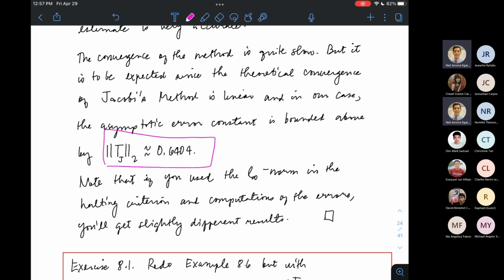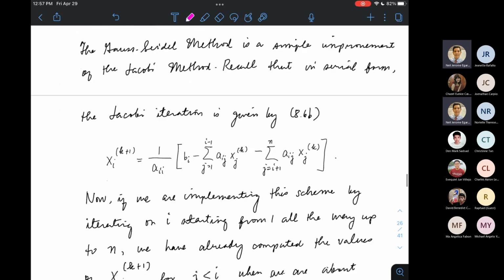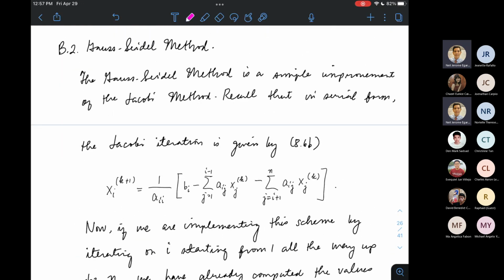Sa Monday ay magdi-discuss na lang kami sa lab nung natitirang dalawang methods. Yung Gauss-Seidel at saka yung SOR method. Tapos ang deal na lang natin ay i-move ko yung deadline nung lab exer 3.2 papunta sa siguro Friday next week. Okay lang ba yun? React naman kayo, guys. Kung okay yun. Okay lang ba yun? Sige.